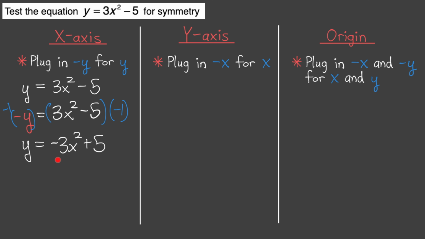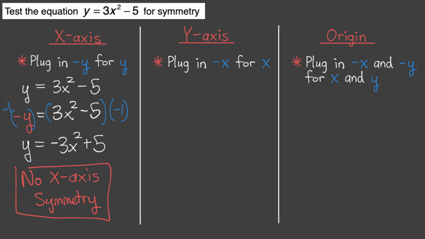Remember, for any symmetry to happen, the equation has to be exactly the same as the original. Is this equation for y exactly the same as the original? No. So because of that, there is no x-axis symmetry. All right, so there's one of the three answers.